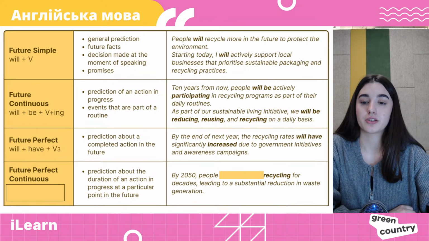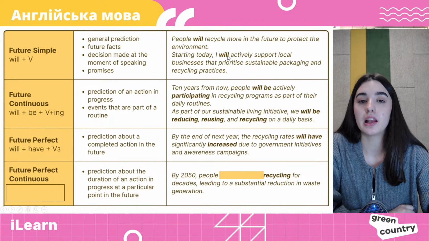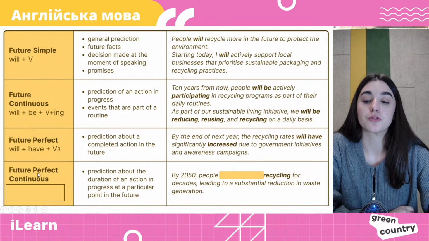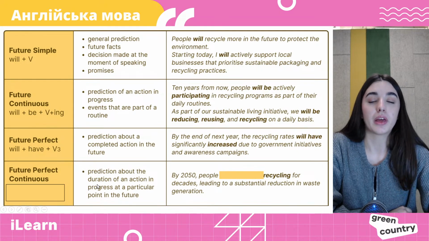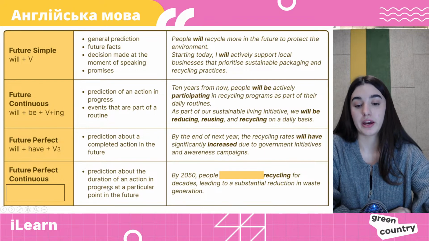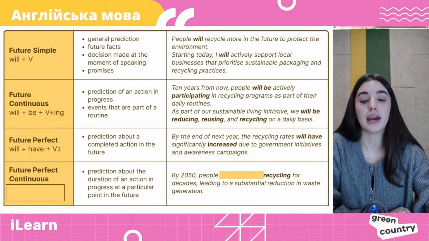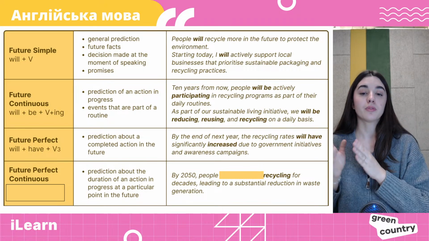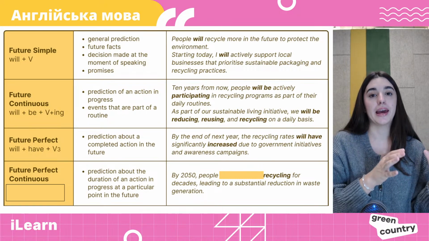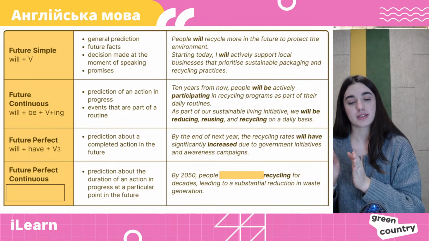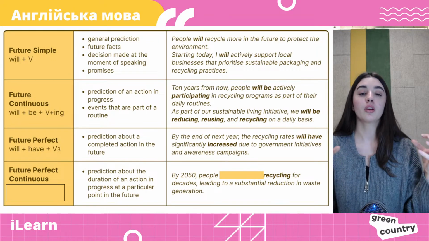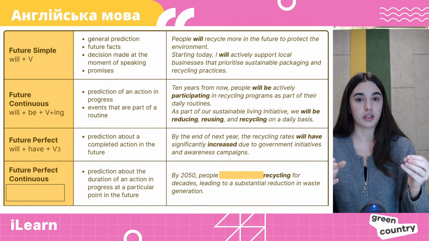Will have. That is correct. Thank you. And the last future form that we have in our table is future perfect continuous. So this is a prediction about the duration of the action in progress at a particular point in the future. So if we had future perfect, it was some finished action by some time. Here we are focusing on the duration of the action, how long it was.